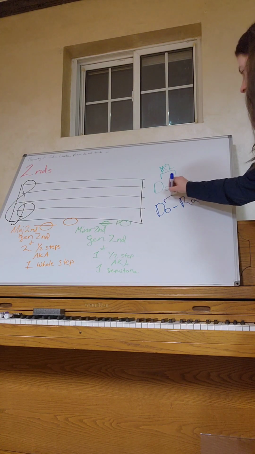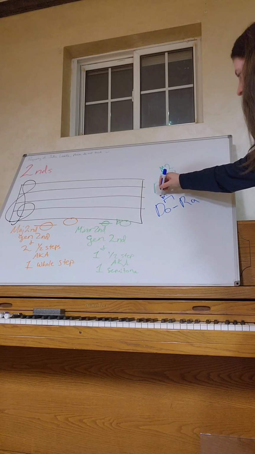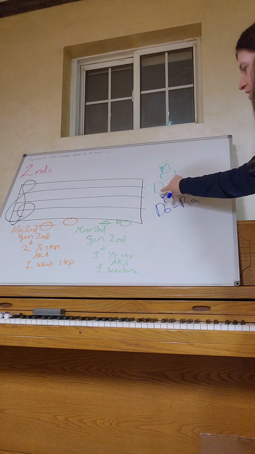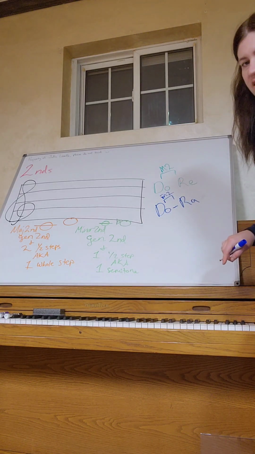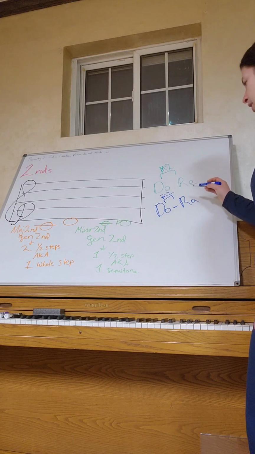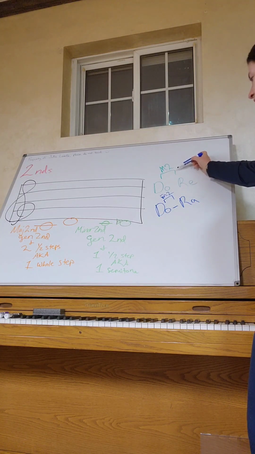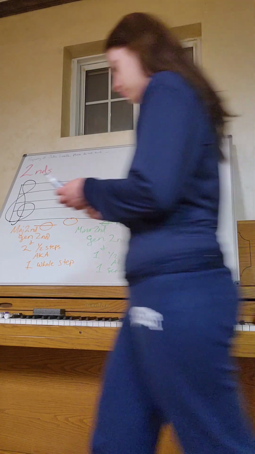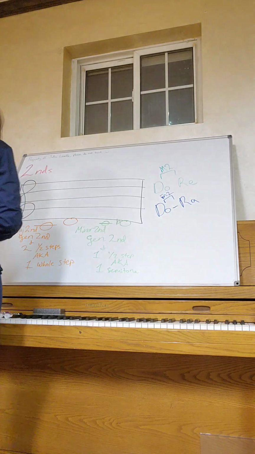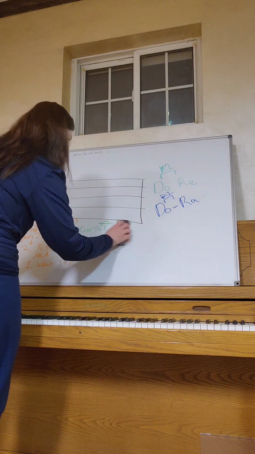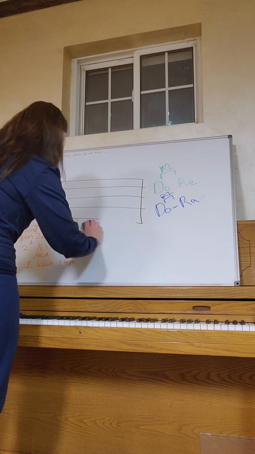Ra is a minor second. I'm putting a lowercase m with a dash over it to signify minor. Do, re, major second. Do, ra, minor second. So let's look at some different do, re's and do, ra's.